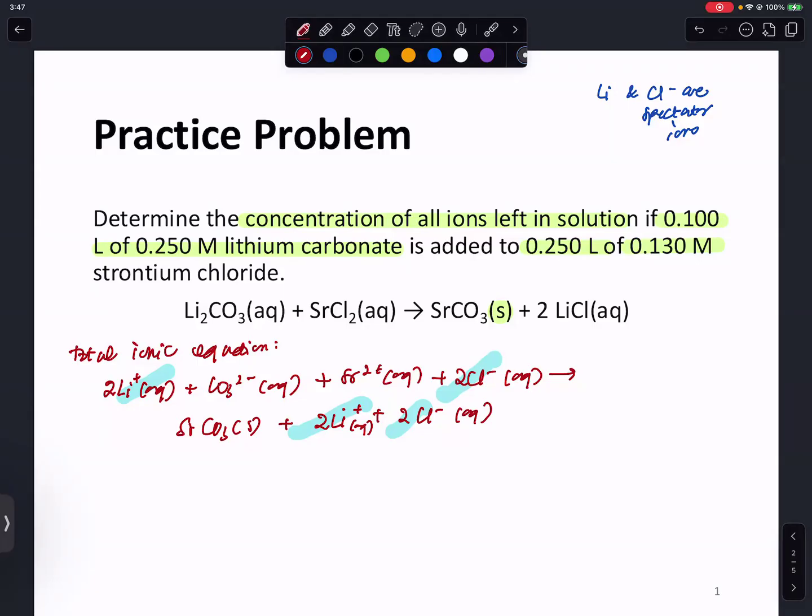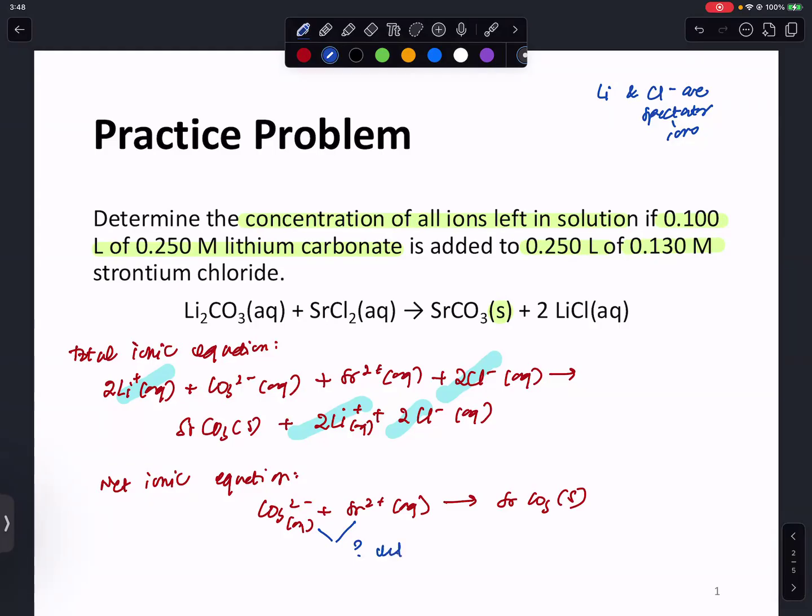So this is the net ionic equation: carbonate plus strontium ions will give me 1 mole of strontium carbonate solid. Now we need to determine which one of these will be left over and which one will be limiting.